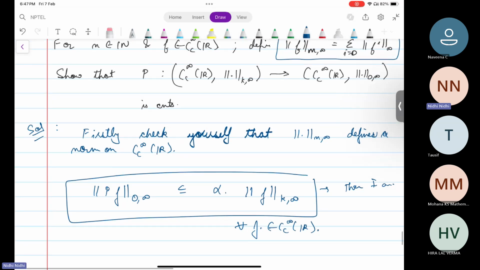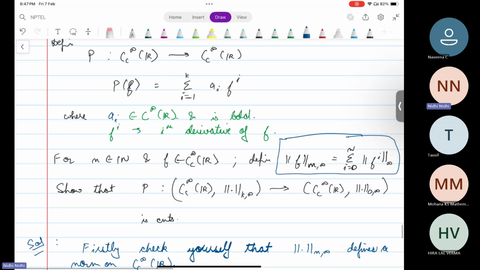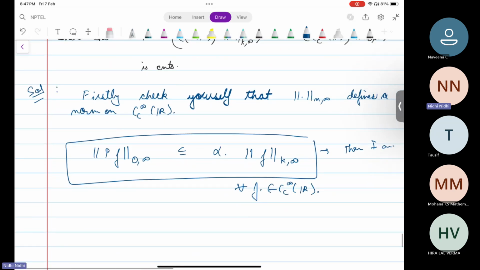And since it is a linear transformation and a bounded linear operator, directly it will be continuous. So let's see if we can get this kind of inequality.